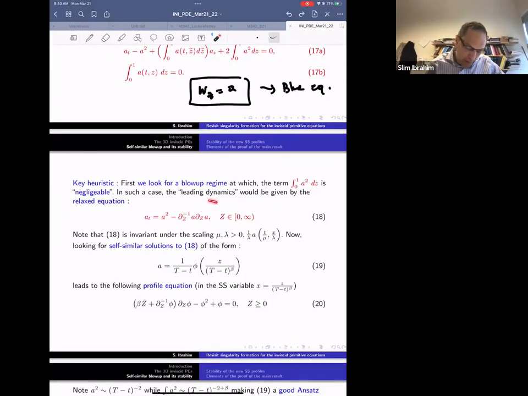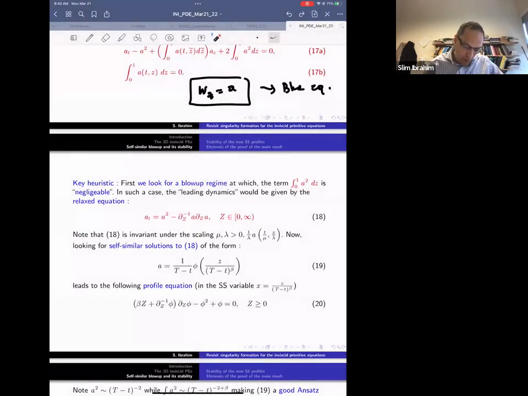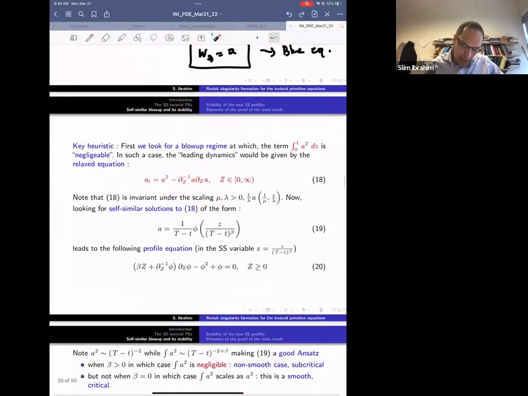So this new red equation enjoys a 2-parameter family of scalings. These are the scalings: you can rescale A by 1 over lambda, and X with 1 over lambda also, and you can rescale time with another parameter mu.